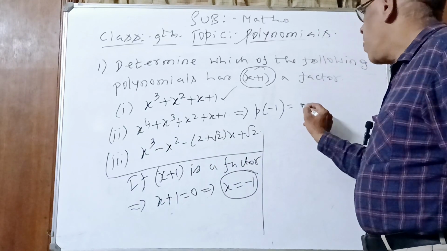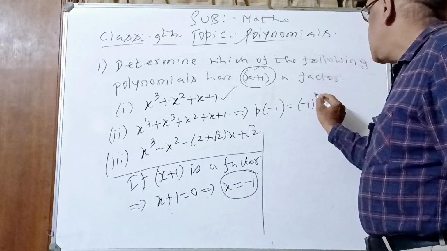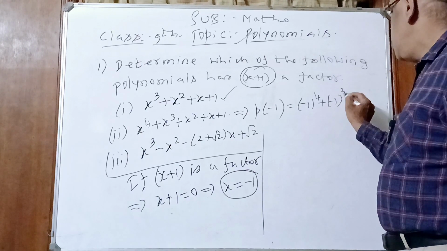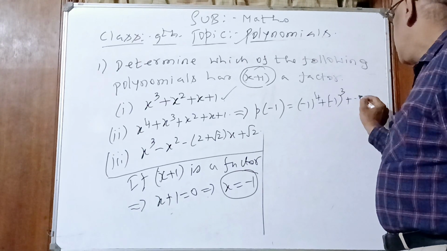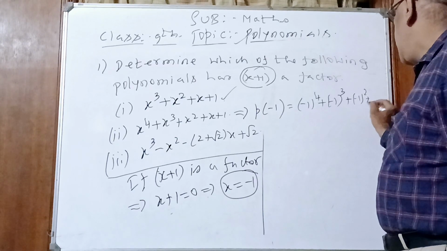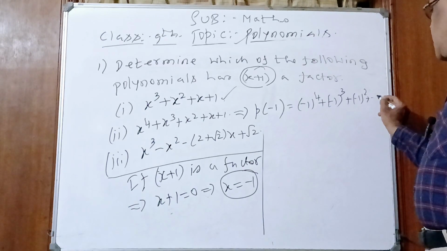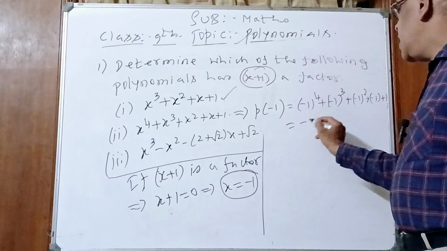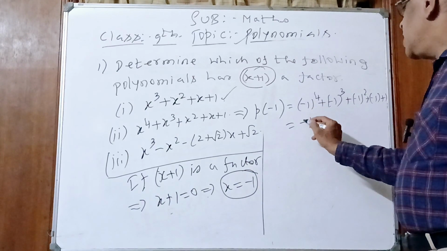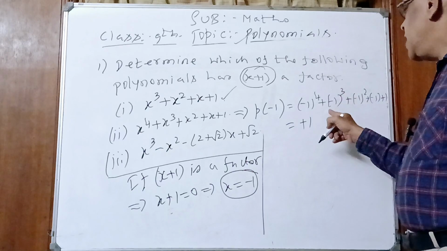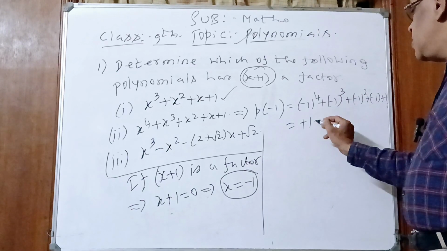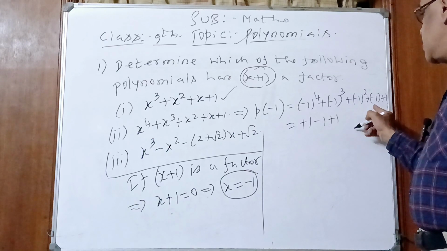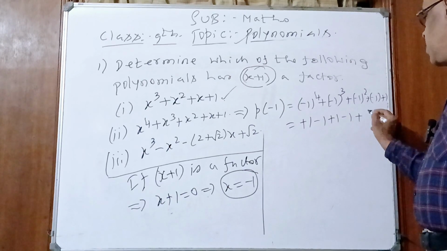Minus 1 whole to the power of 4 plus minus 1 whole cube plus minus 1 square plus minus 1 plus 1. What do you get, children? Power odd, I said, so the minus sign remains. Minus 1 square is plus 1, and plus into minus is minus, then plus 1.